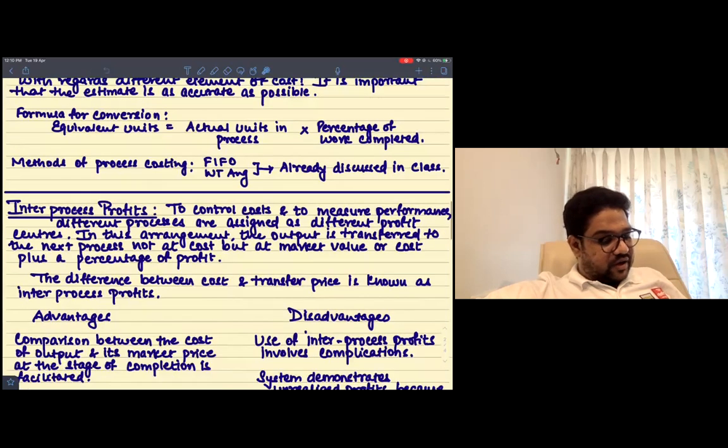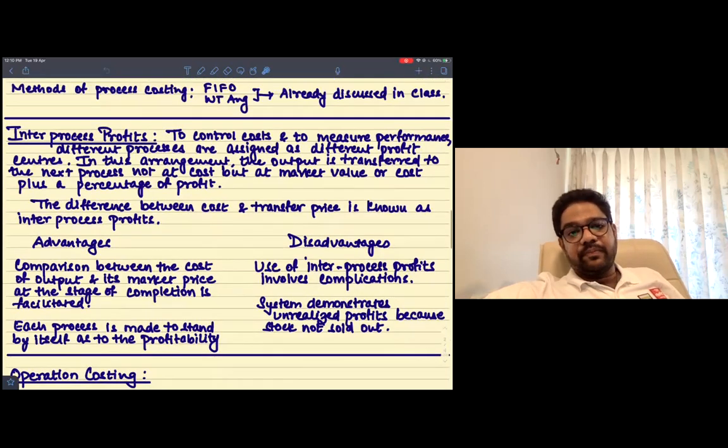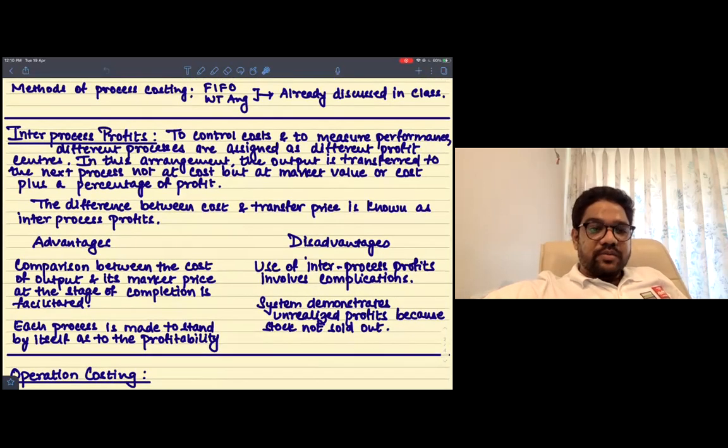And then we have the inter-process profits, IPP. Now, what is inter-process profit? As I have already discussed in class, we know the basic background, but I'll just read it out for you. It says to control and measure the performance, different processes are assigned a different profit center, and in this arrangement, the output is transferred to the next process either not at cost, but at market value or at cost plus a certain percentage of profit.